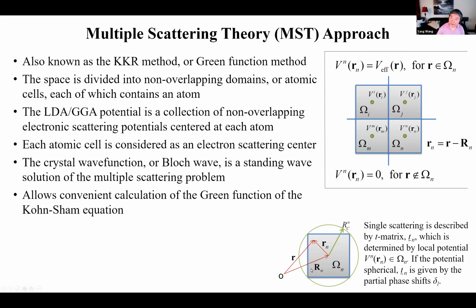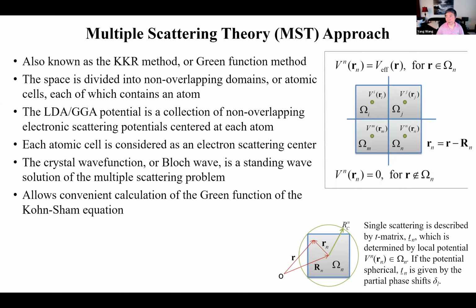In that case, such a potential has a very clear definition of the partial phase shift, the one we learned in quantum mechanics textbooks, where the potential is all spherically symmetric. It's an easy textbook problem. So you can calculate this phase shift delta_L, and that delta_L is directly related to the T matrix.